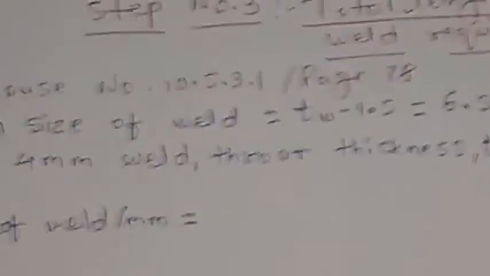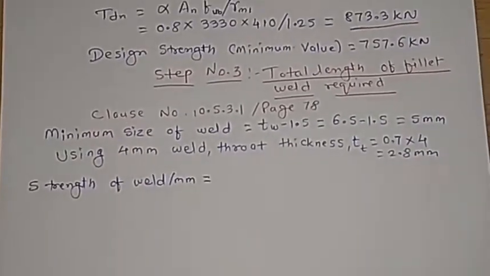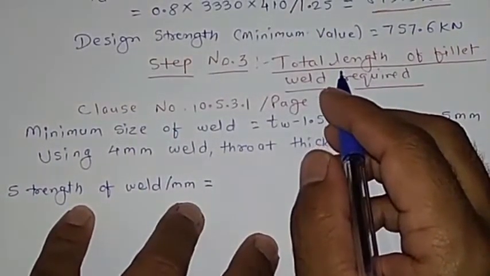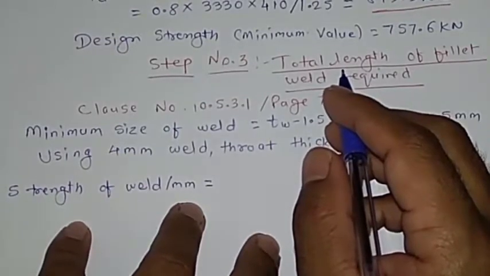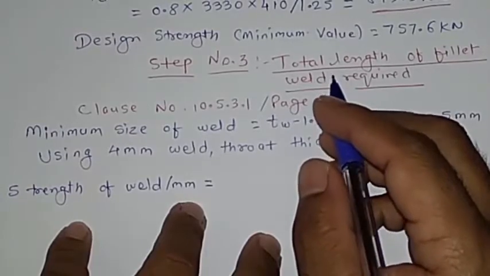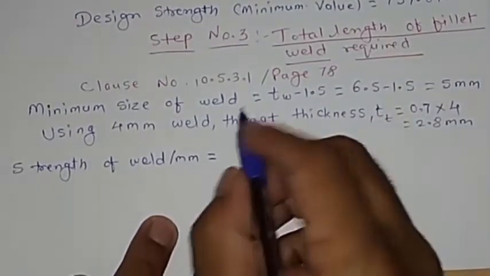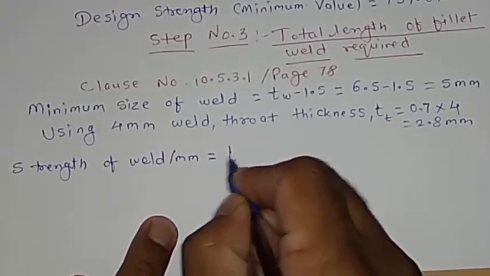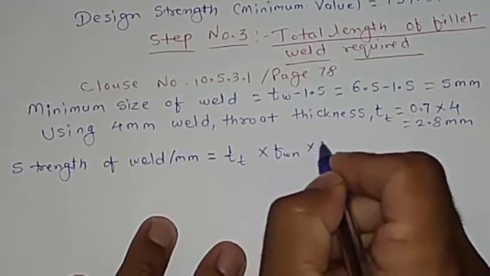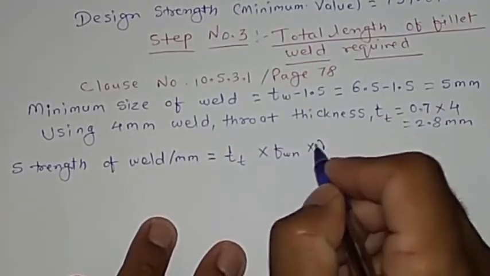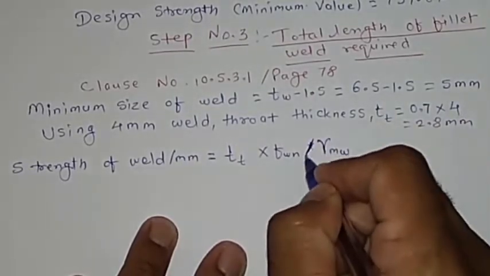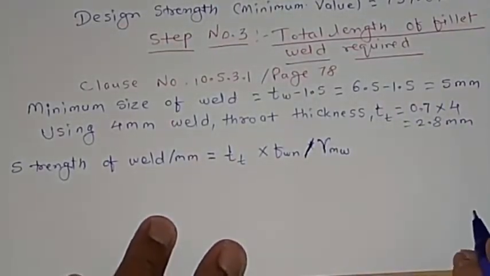So now this is equal to throat thickness multiplied by FWN divided by gamma mW.